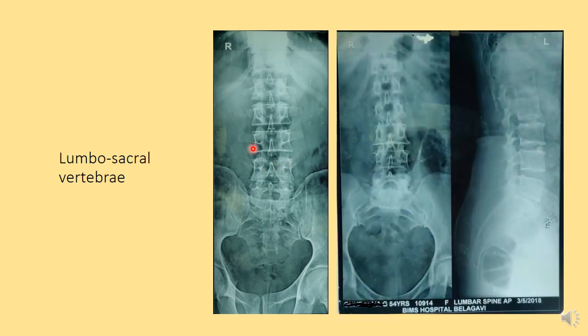This is again one more such lumbosacral exposure. This is the AP view and this is the lateral view. All that we discussed here is present here. So this is T12 because this is the 12th rib. This is L1, 2, 3, 4 and L5, which articulates with the sacrum. You can see the openings, the sacral foramina here, and these are the sacroiliac joints on either side.